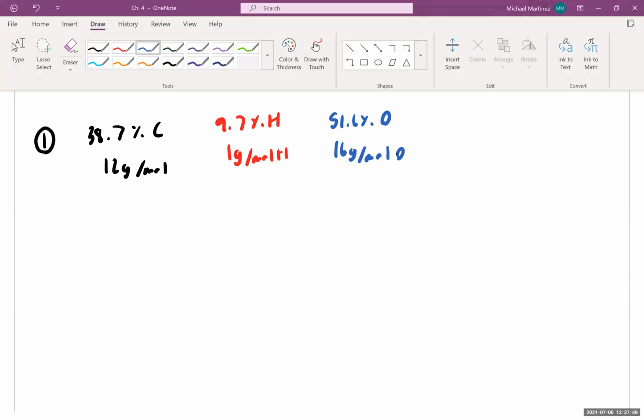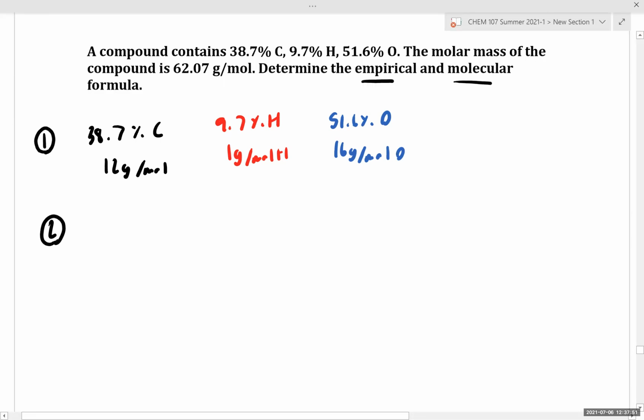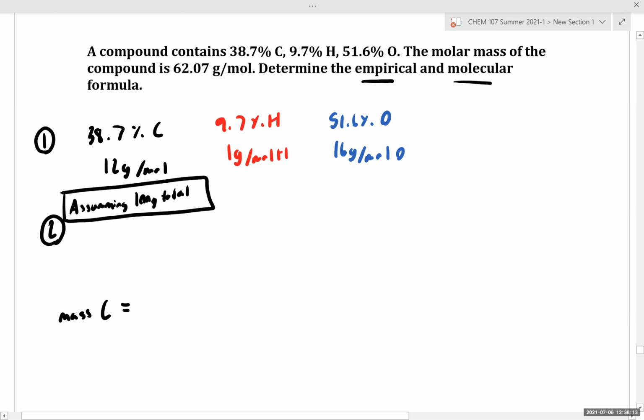With this information in mind, we can now approach the next step, which is calculating the mass of each element. So, would anyone like to start us off with this process by sharing their calculated mass of carbon, assuming 100 grams total mass?